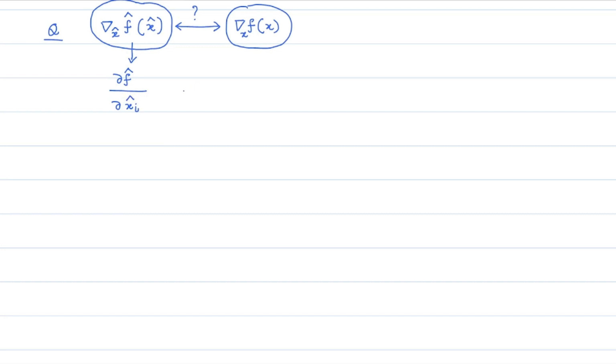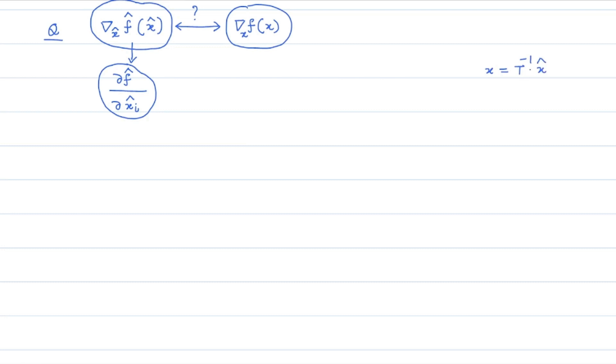So we first try to identify the interrelationship between the calculation of partial derivatives with respect to xi hat and the partial derivatives with respect to the original variables x1, x2 till xn. Towards this, we first look at the relationship between x and x hat. We see that x and x hat are interrelated by x is equal to T inverse x hat.